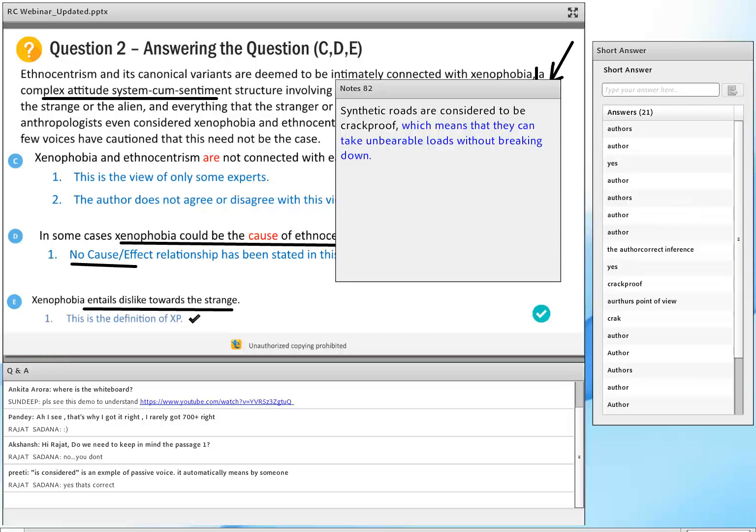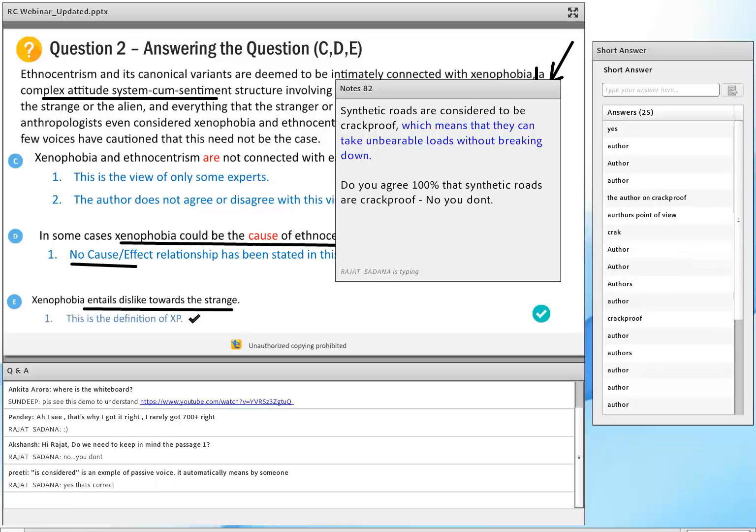Now, do you agree 100% that synthetic roads are crack proof? No, you don't. But yes, you do.